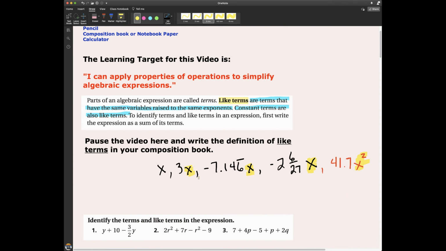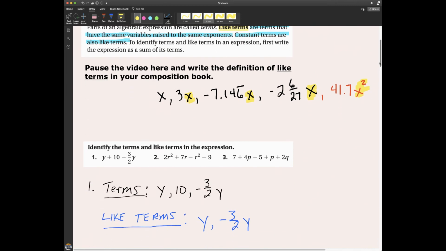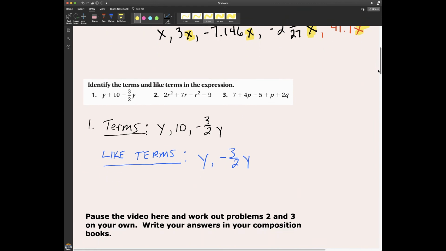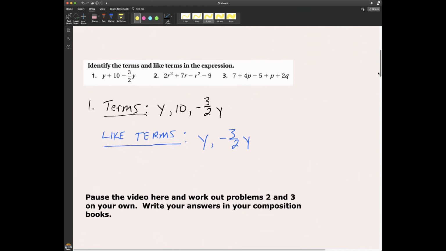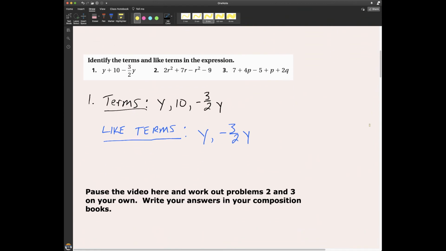So this is how you can tell if terms are like terms or not like terms. And you should be able to identify like terms in an algebraic expression. So let's practice. So I worked out problem 1, where the directions say identify the terms and like terms in the expression.